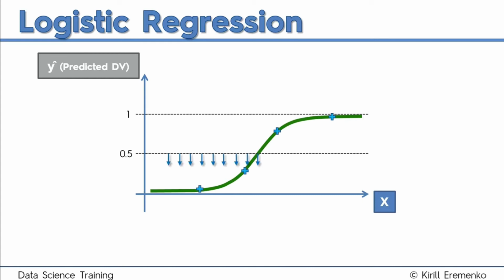And anything that falls on the curve below this line will be projected downwards onto the 0 line, which makes sense. It's basically saying if your predicted probability of taking up this offer is less than 50%, let's say it's 40% or 20%, then we're just going to say that you're probably not going to take up this offer.